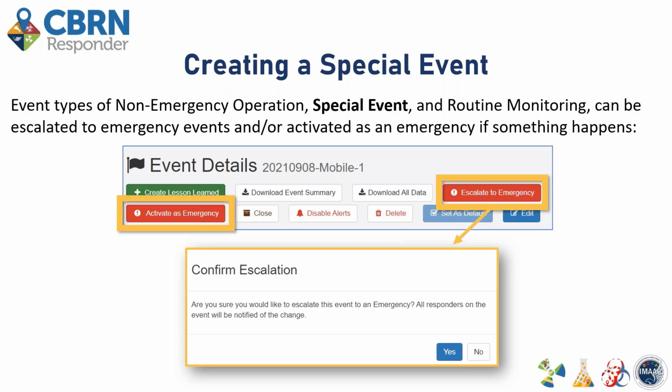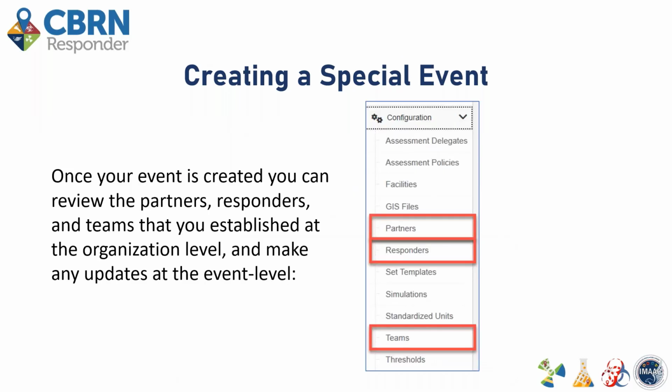If you do select any of those options, you'll get a confirmation modal, which you can see here. But this is a specific capability that only those non-emergency operations, special event, and routine monitoring events have. Hopefully you don't need to do that, but that option is there if you need to.